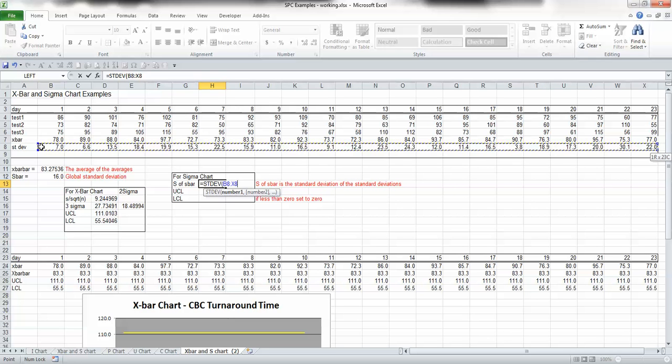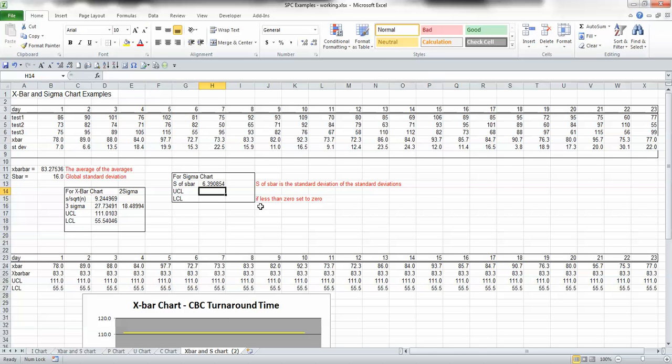So that's essentially our daily standard deviations. We're going to calculate the standard deviation of all of them. And we get 6.390854.